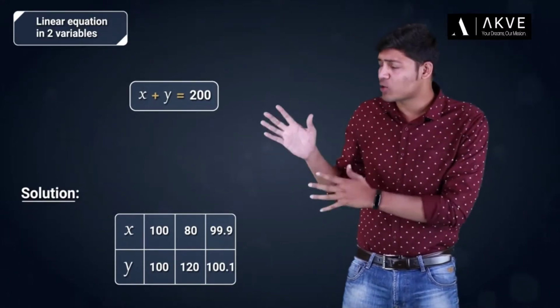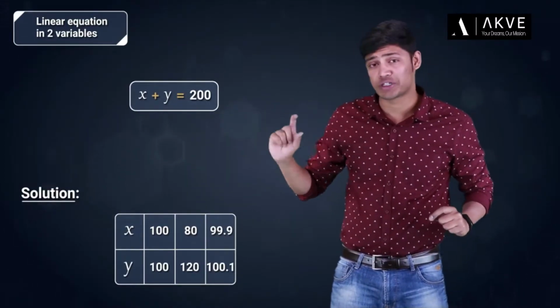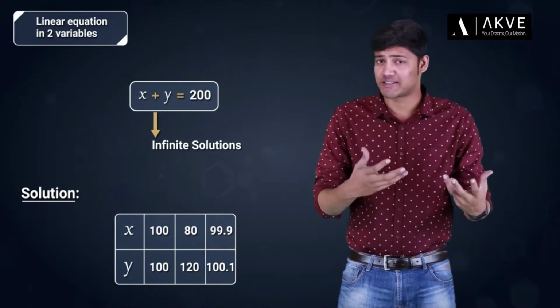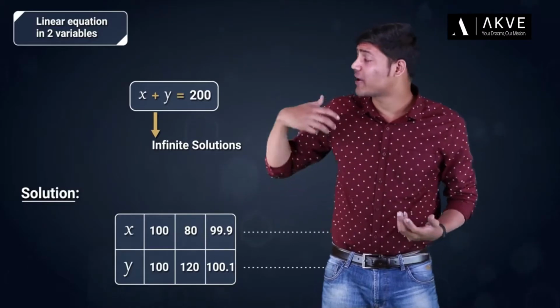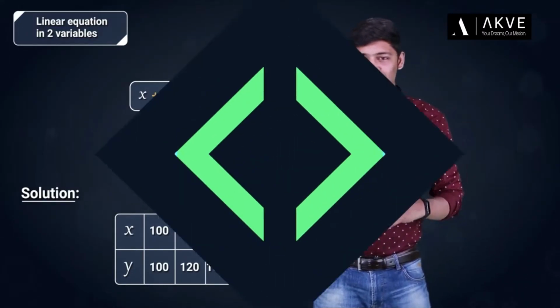So what can we conclude from all this? We can conclude that this linear equation in two variables has infinite solutions, which implies that there are infinite values of x and y which can satisfy this equation.